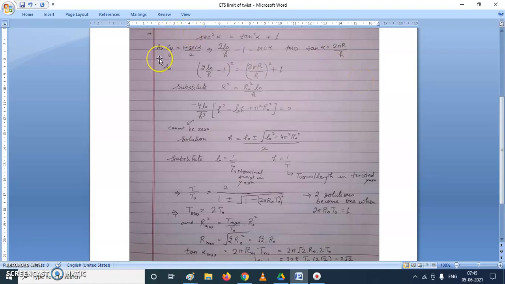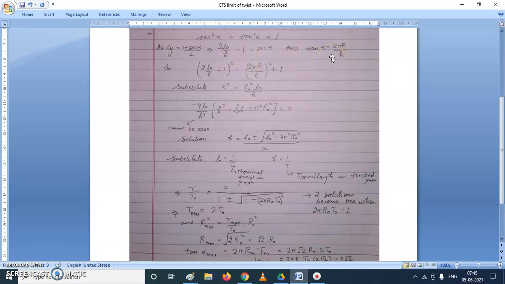And we have derived this relation also earlier in an earlier class, that contraction factor Cy is equal to 1 plus sec alpha by 2, where alpha is the surface helix angle of an ideal continuous filament yarn, and Cy is the ratio of untwisted length to the twisted length, which is L0 upon H. So if we substitute Cy is equal to L0 upon H, we'll get this relation: 2L0 upon H minus 1 is equal to sec alpha.